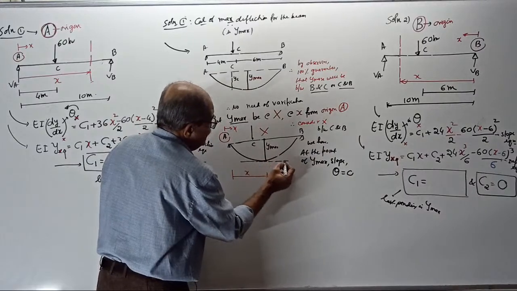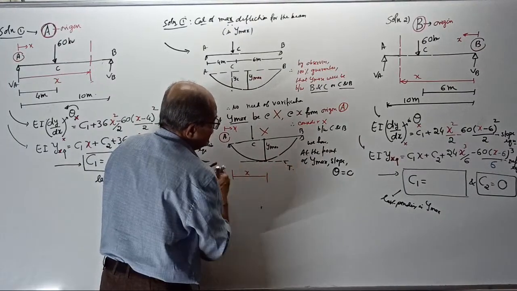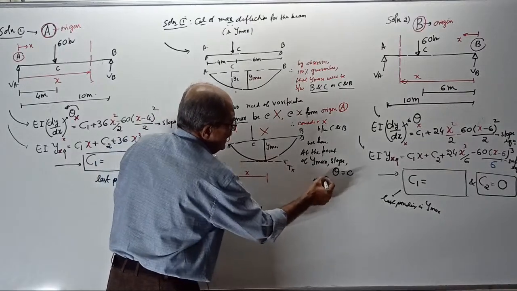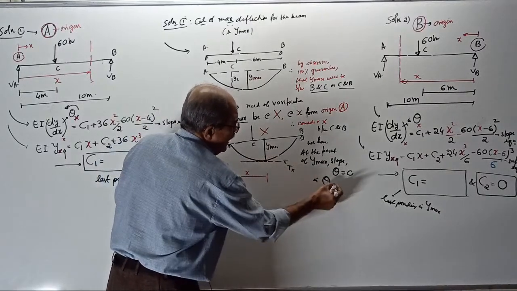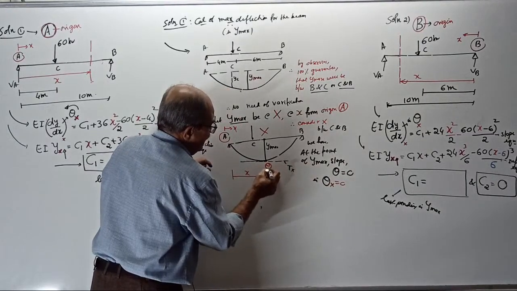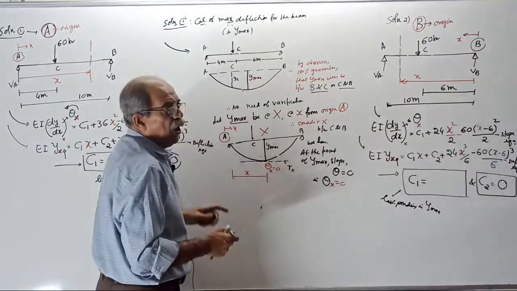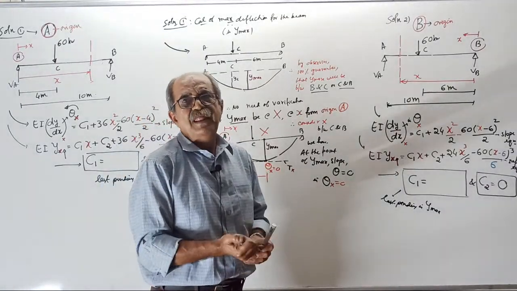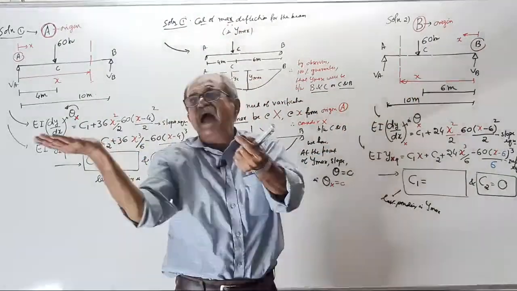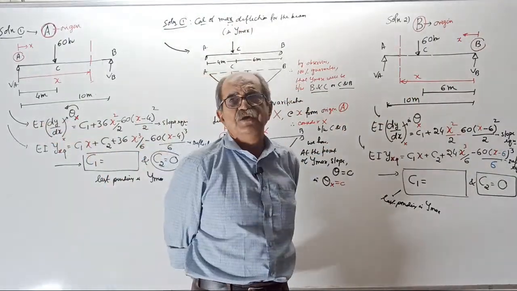So this is the tangent at the point X. So you can tell theta at the point X should be equal to 0. When a curve comes this way, at the peak point, the tangent is horizontal, slope is 0.